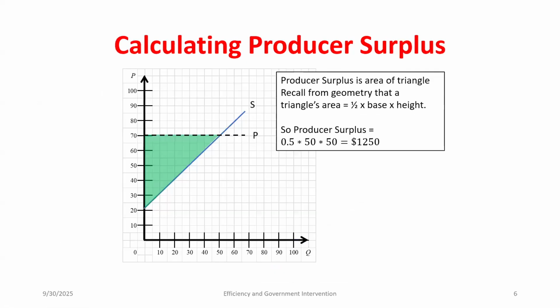So if I wanted to actually calculate producer surplus, how would I do that? Well, it's going to be the difference between that equilibrium price, same as here, I changed the numbers a little bit, but now it's 70. The equilibrium quantity in this market is 50. So what's the height of my triangle? 20 to 70, so 50 times that quantity of 50, 50 times 50, 2,500.